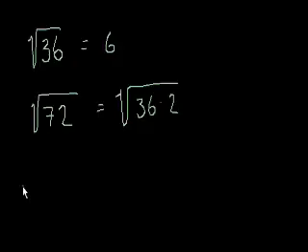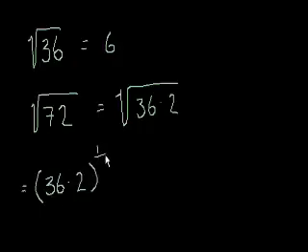I'm just writing it this way to show you how this radical simplification works, and that it's really not a new concept. So this is the same thing as 36 times 2 to the 1/2 power. Because a square root is the same thing as the 1/2 power. And we learned from the exponent rules that when you multiply two numbers and then raise that to the 1/2 power, that's the same thing as raising each of the numbers to the 1/2 power and then multiplying them.